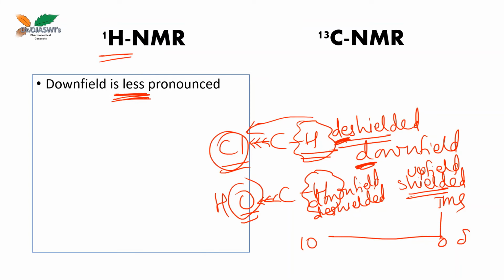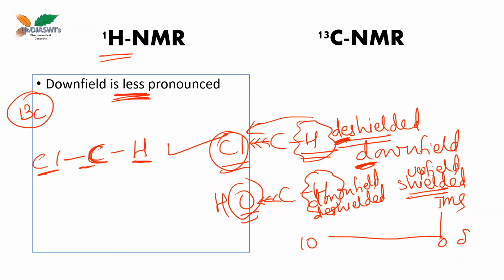Why? Because in the same example, the electronegative group is not directly attached to this hydrogen. When I study 13C NMR, this carbon is directly attached to chlorine.